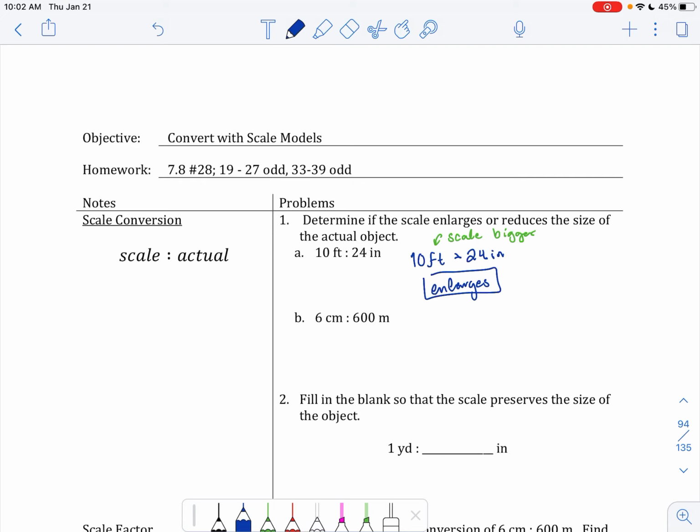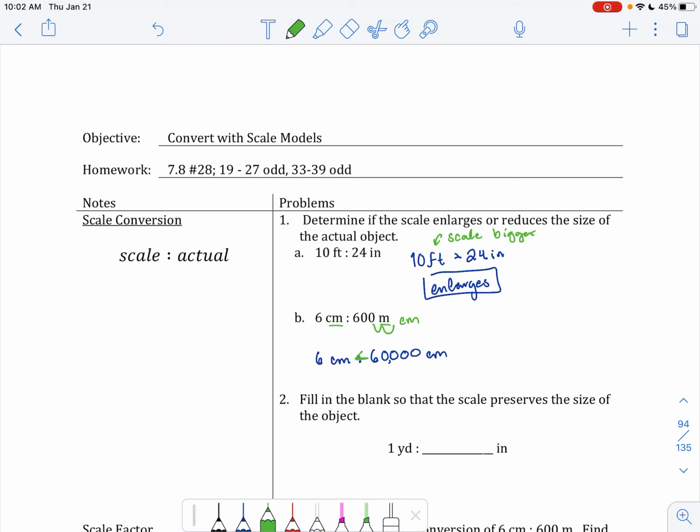Now here, we've got 6 centimeters and 600 meters. And this is one of those cases where you think, I don't remember exactly which way it goes. One thing that can be really helpful with scale is converting to the same unit. So in this case, we've got meters, and I do remember that to turn into centimeters it goes this way, 2 spaces. So this becomes 6 centimeters to 600 with 2 more zeros, so 60,000 centimeters.